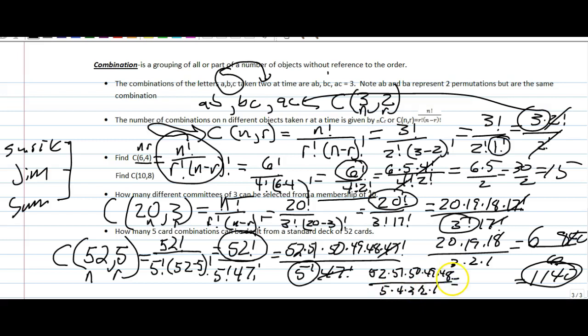If you do the arithmetic here, upstairs I get 311,875,200 divided by 120, which gives me 2,598,960 possible combinations of 5 cards dealt from 52.